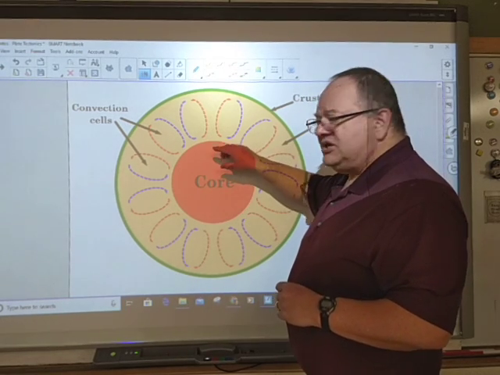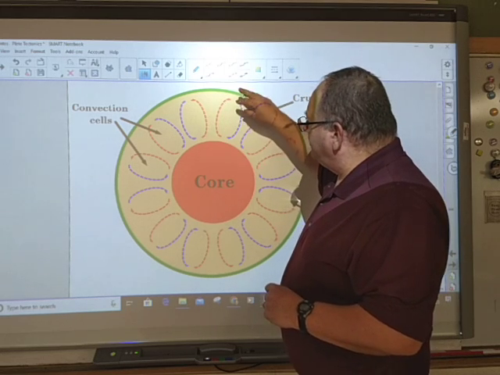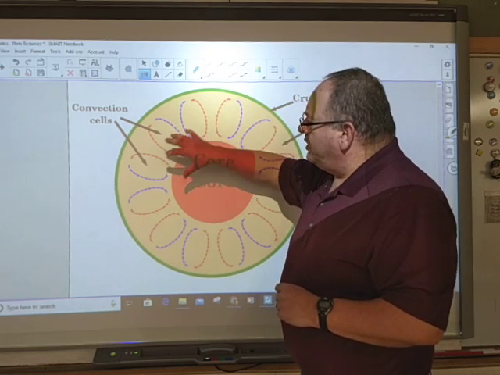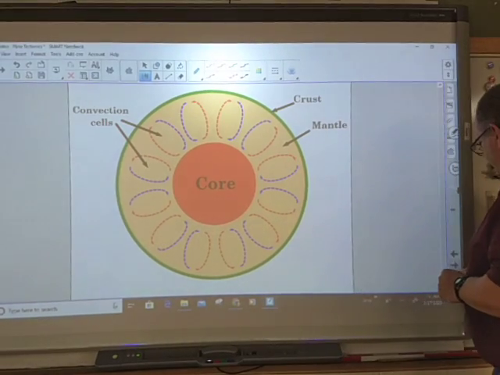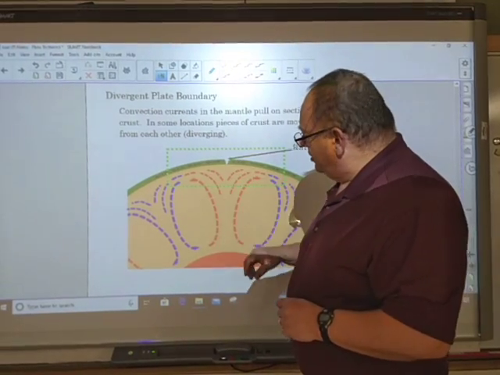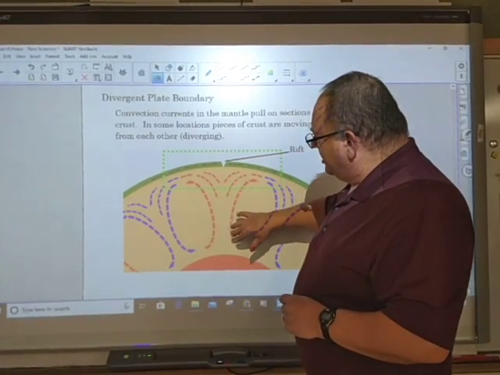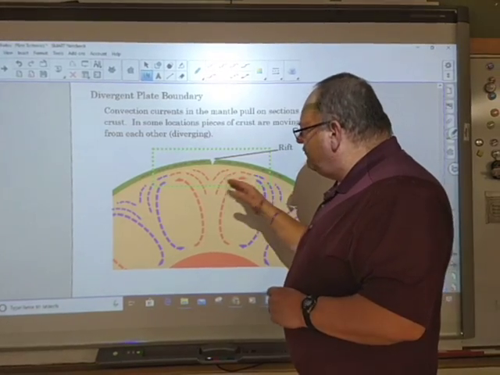And so we have places where the mantle is rising. We have other places where the mantle is sinking. We have these convection cells within our mantle. Now, this is trying to zoom in on one of those cells. This is where I had mantle material rising, and as it gets to the surface, it's got to move away.